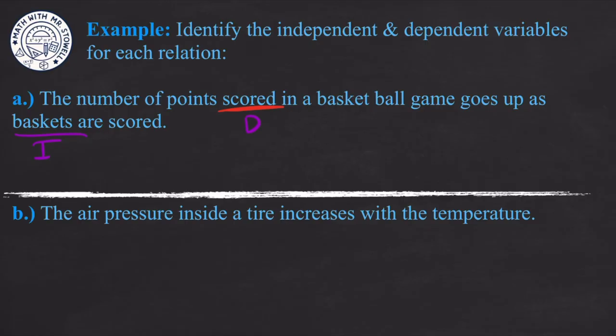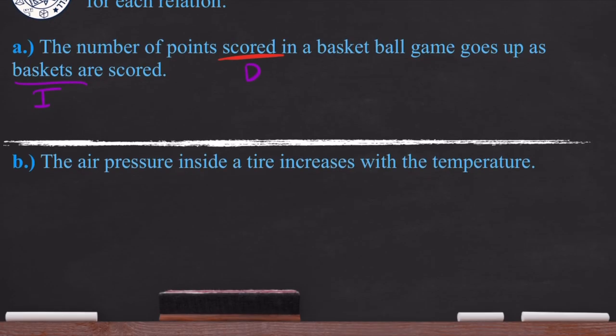Make sure you can tell the difference. The air pressure inside a tire increases with the temperature. Okay, well, we're dealing with pressure inside a tire, and we're dealing with temperature. Which one depends upon the other one? Well, the air pressure is increasing as this other thing is increasing.